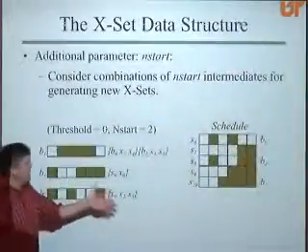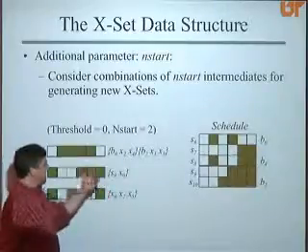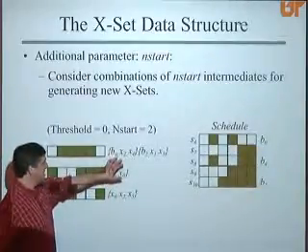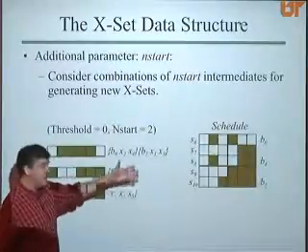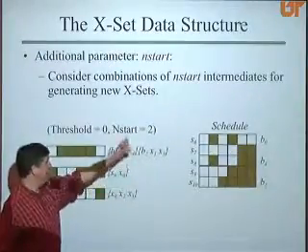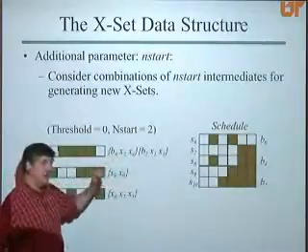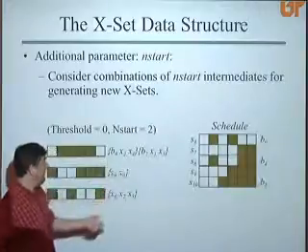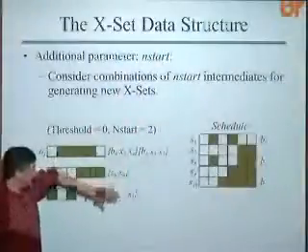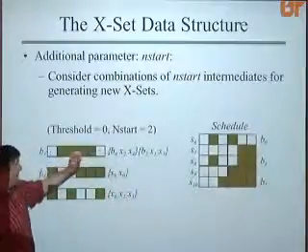When I add an element to the schedule, now instead of seeing if I can just shrink the X set using that one element of the schedule, I'm going to look at combinations of elements, of n start elements, and maybe if I use a combination of those, I can add an extra X set that is within the same threshold. Now in this example, I have my threshold equals 0, so all my X sets have to be the same size. Right?